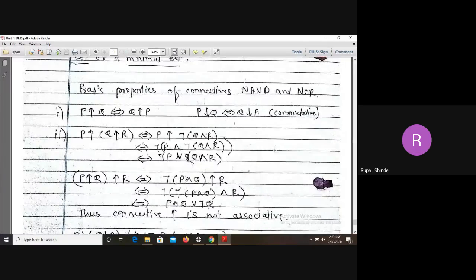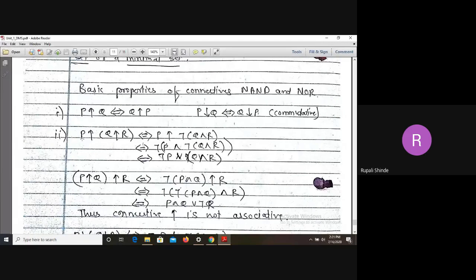Now second, we have to check whether this satisfies the associative property. To check, we have to change the brackets. If both formulas give the same result, then only we can say that this satisfies the associative property.